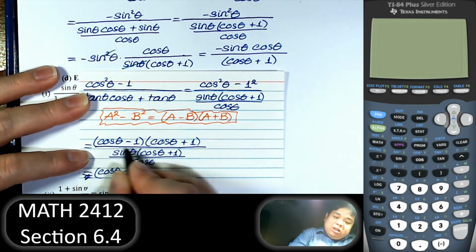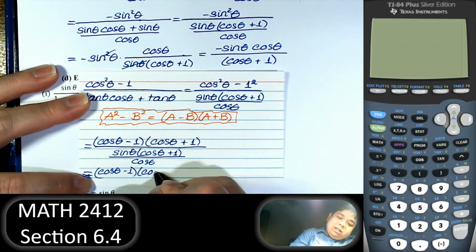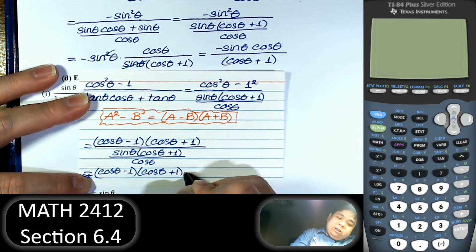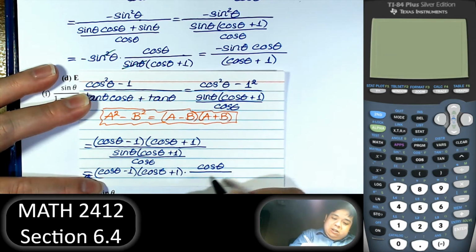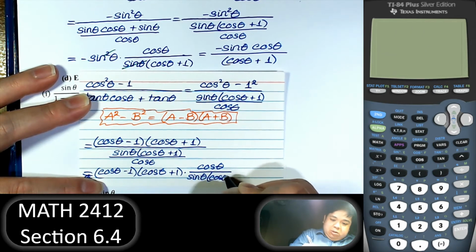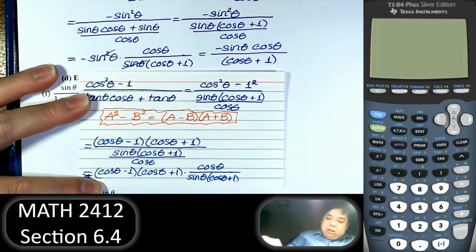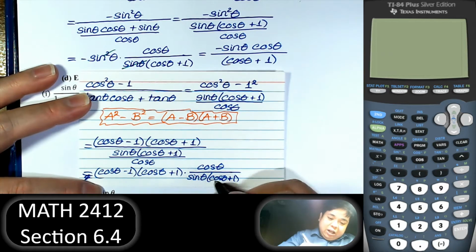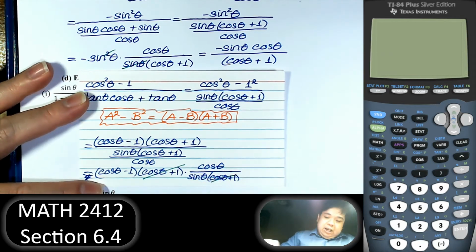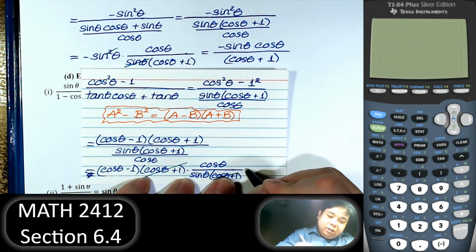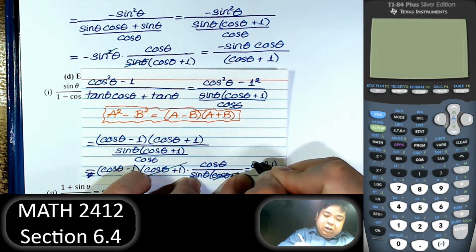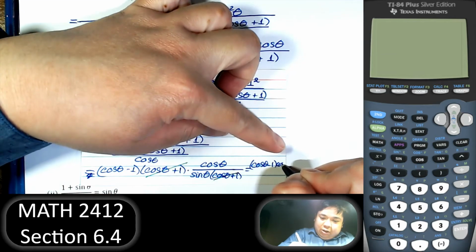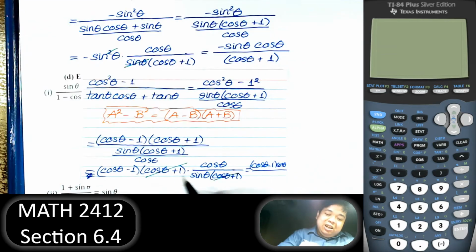Sorry, at the top we just have cosine theta plus 1. Now multiply by the reciprocal, cosine theta, sine, and cosine theta plus 1. The cosine theta plus 1 cancels with this one, and we end up with cosine theta minus 1 times cosine, sorry about that, I have limited space here, over sine.